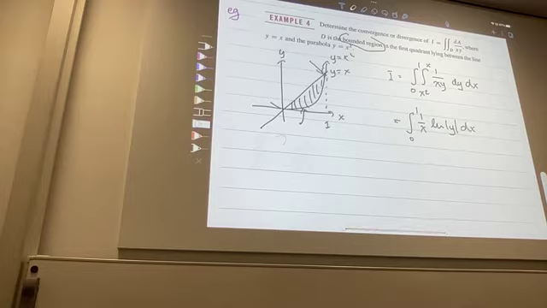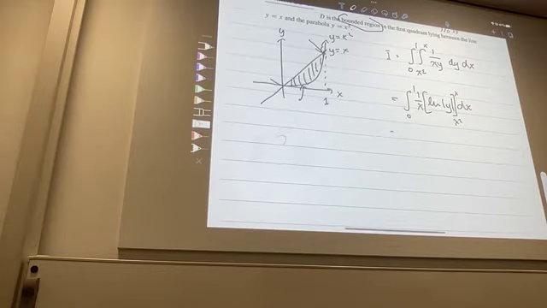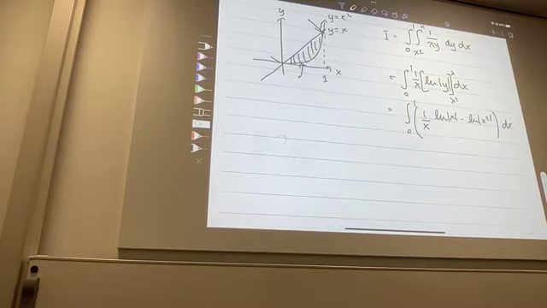And now we integrate that with respect to x, with limits going from x squared to x. So this is going to give us natural log of x minus the natural log of x squared, and you can use your delightful log laws.